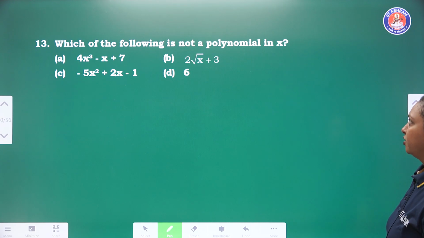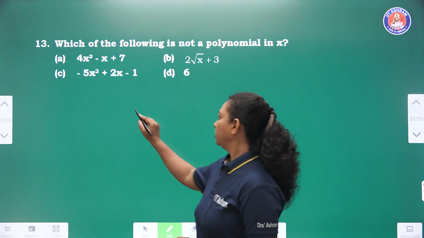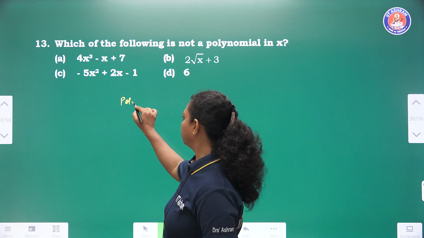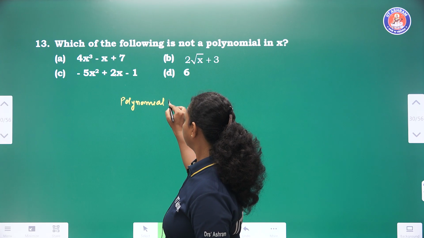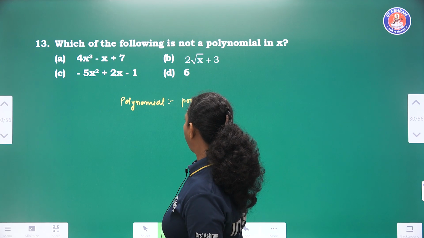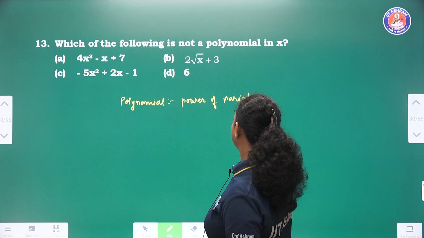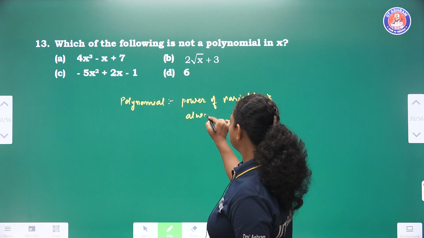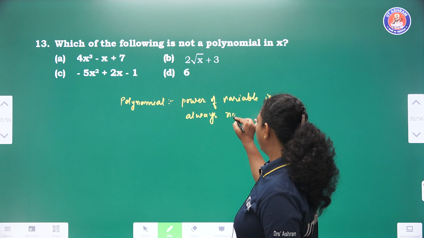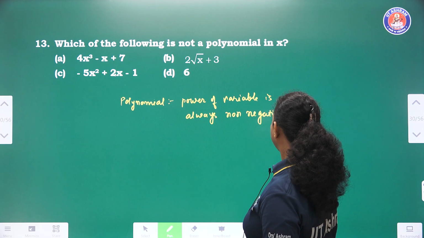Which of the following is not a polynomial in x? Okay, what is a polynomial? So polynomial is also an algebraic expression, but in that the power of the variable is always non-negative integers.